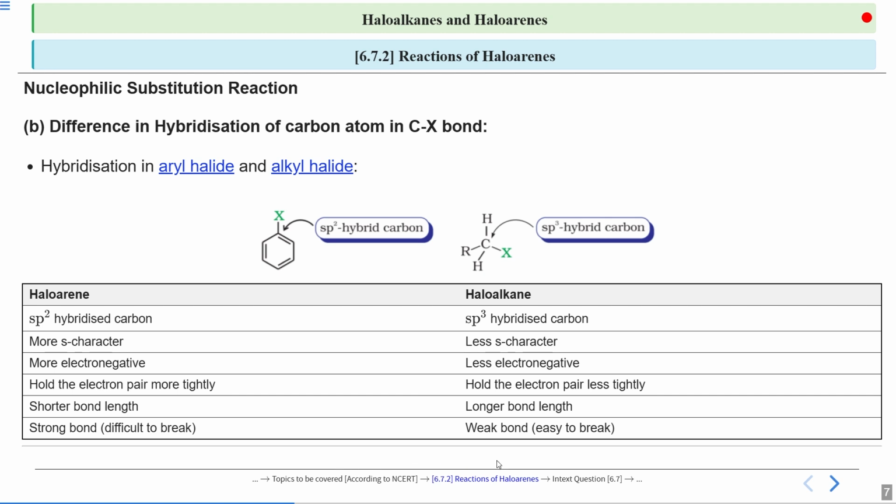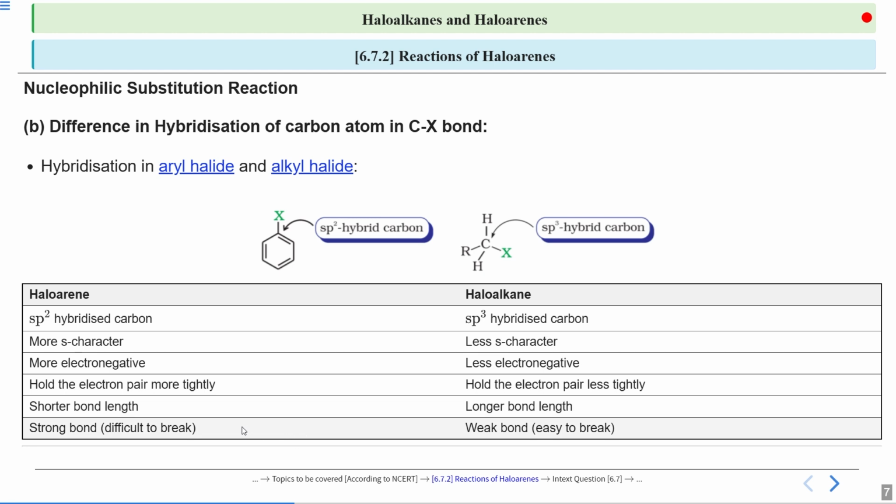Okay. So, due to this difference, there is lesser reactivity towards nucleophilic substitution reaction shown by haloarenes compared to haloalkanes. Due to the difference in hybridization, due to the strong bond in the haloarenes, they show lesser reactivity towards the nucleophilic substitution reaction because the bond is stronger.